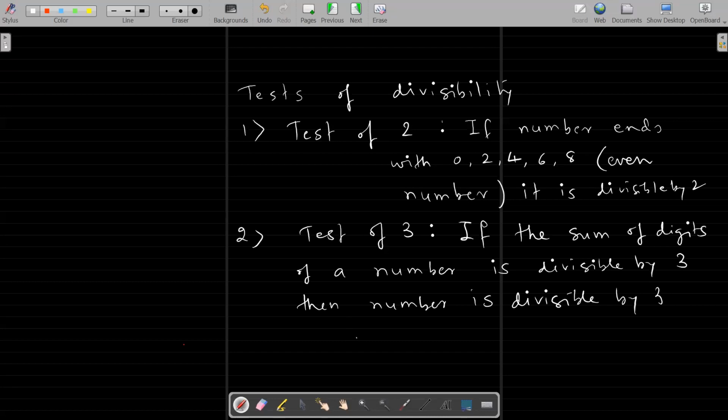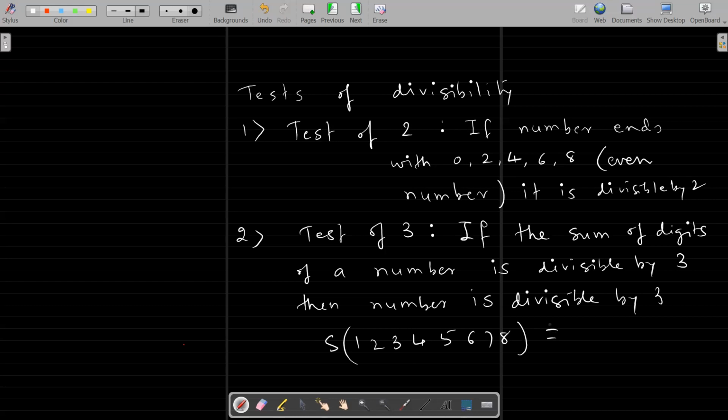So for example, if I say 1, 2, 3, 4, 5, 6, 7, 8, is that divisible by 3? Yes, sir. So what is the sum of digits? And the sum we generally denote by S of that number.